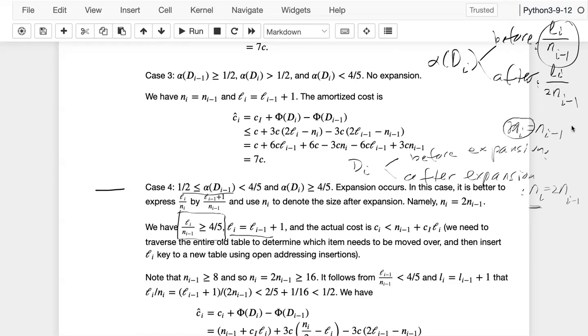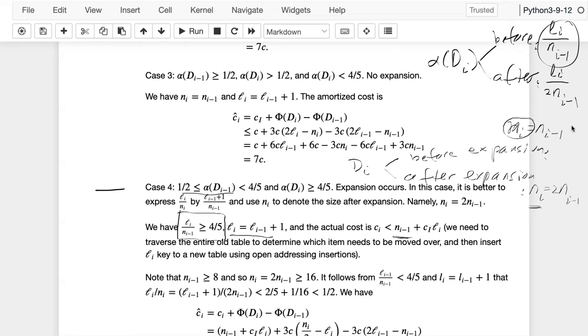And the actual cost of expansion is the following. So first of all, we need to do a table lookup to find the keys that are not tombstoned. Because the table size is N sub I minus 1, you would expect this much time.